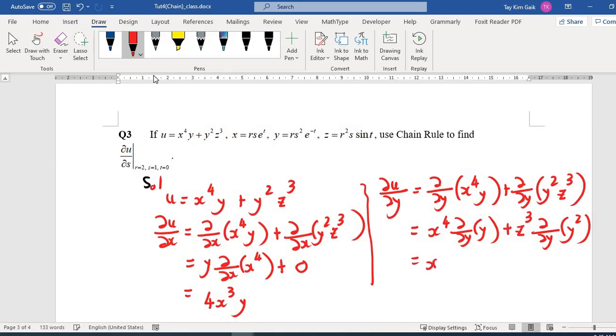So you have x^4 plus 2y z^3. So this is ∂u/∂y.